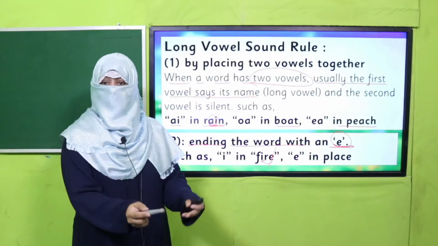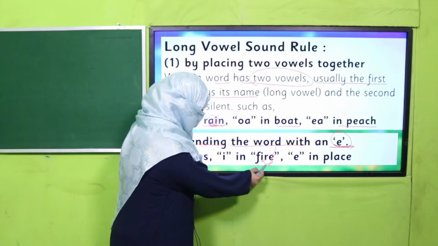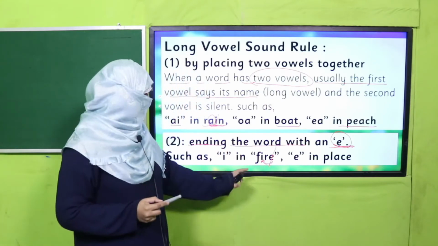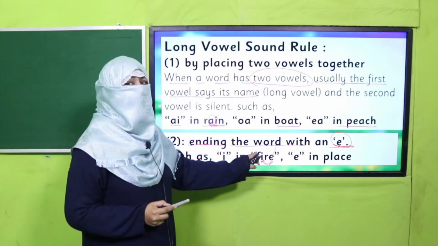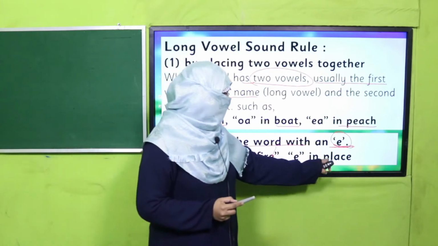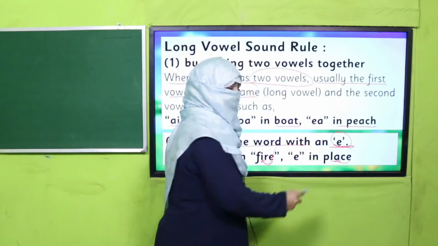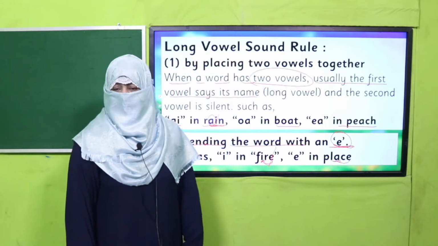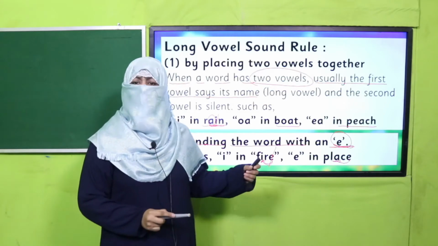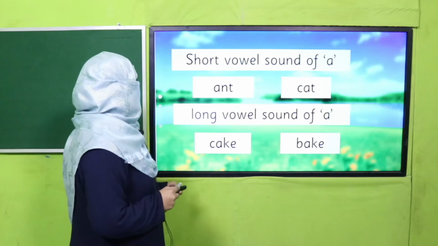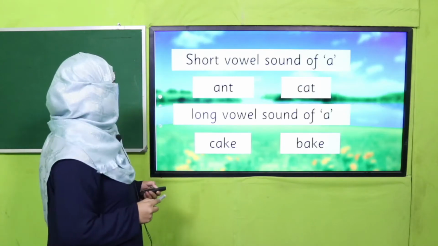It does nothing, but it makes the previous vowel make its long sound, as I gives its long sound in fire, and this A gives its long sound in place. Because of this bossy E. I have given a detailed lecture in grade 3.